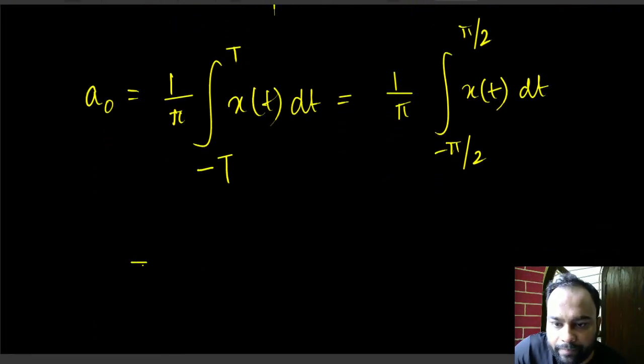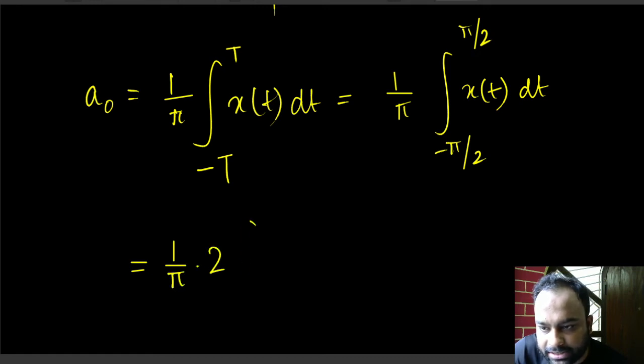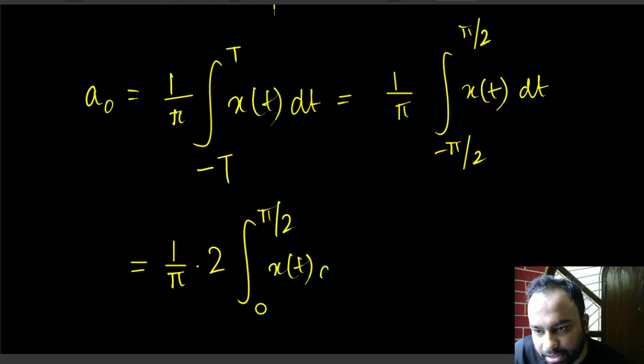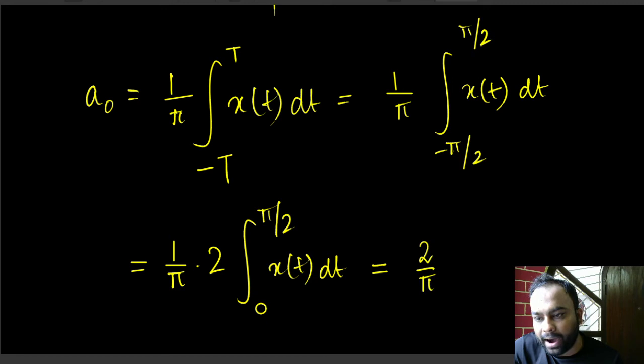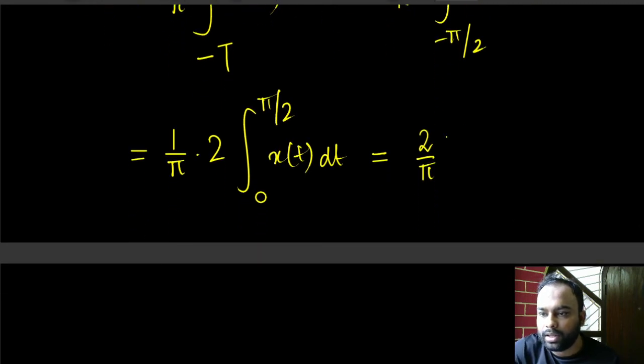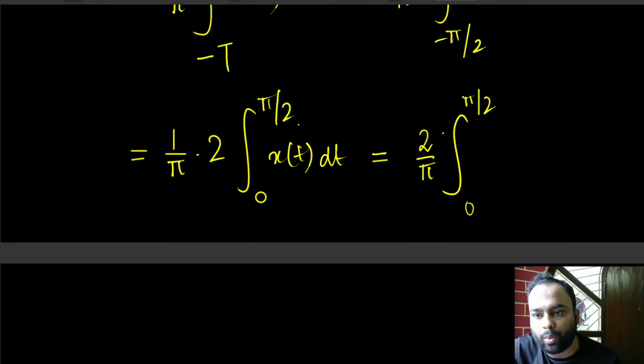So let's calculate that. Of course this x(t) itself is an even signal, you already know that, so this can be written as integration from 0 to pi by 2 on x(t) dt, and this is going to be 2 by pi integration from 0 to pi by 2. And what is x(t) within that limit? It's simply sin t dt.